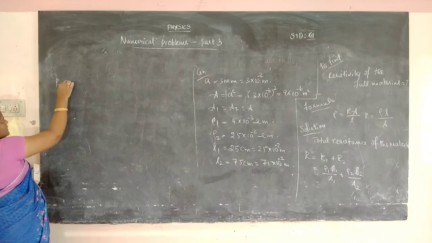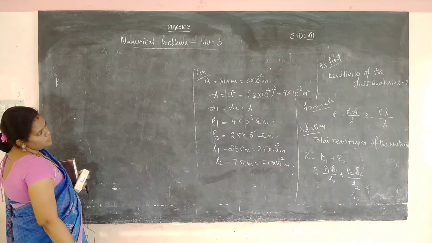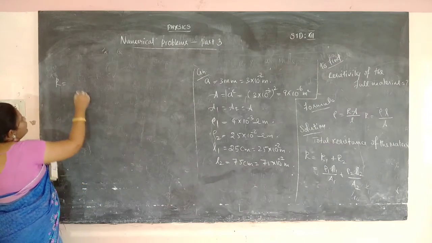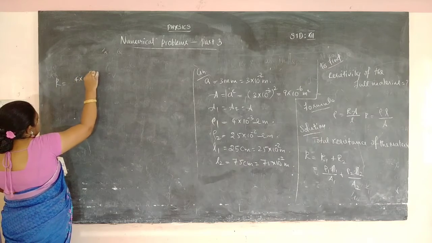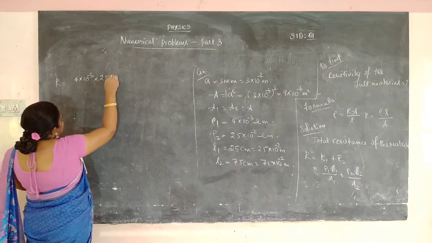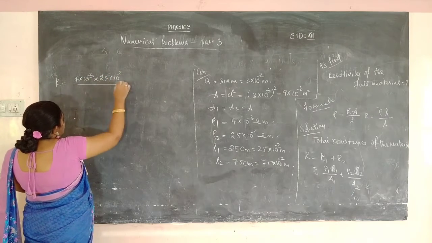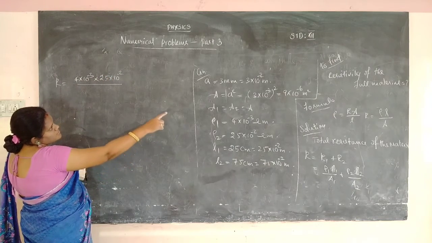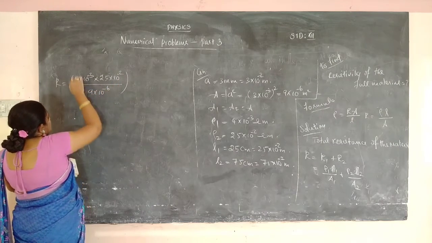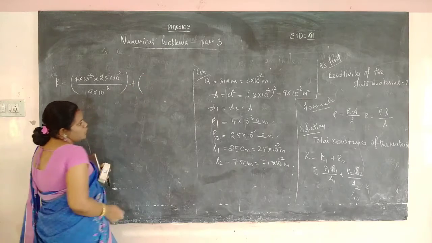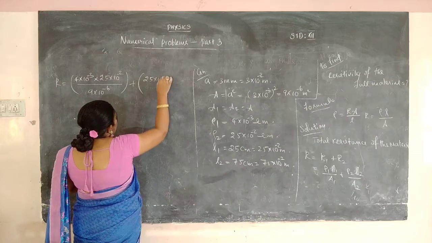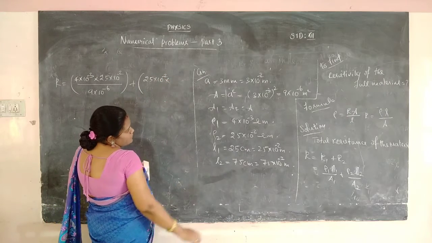Then total resistance R is equal to rho 1 L1 by A1. Rho 1 value is 4 into 10 power minus 3, L1 is 25 into 10 power minus 2, by A1, which is 9 into 10 power minus 6, plus rho 2 is 25 into 10 power minus 2 into L2.